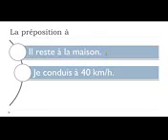Second example, we could use this conduire. Conduire is to drive, and when you want to introduce the speed, in that case 40 km/h, then you would use this à. So at 40 km/h. Je conduis à 40 km/h. Je conduis à 40 km/h.